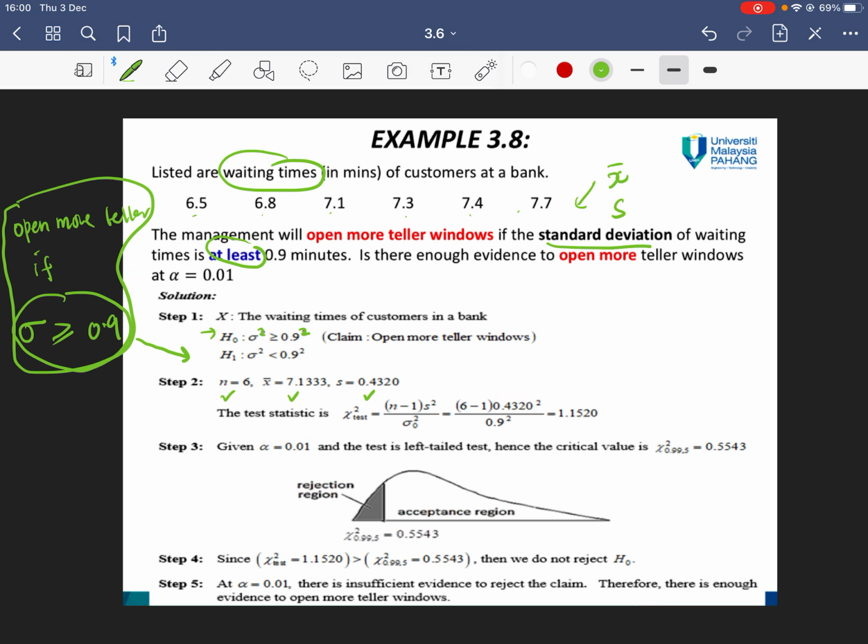N is 6 minus 1. You will get the chi-square test is 1.1520.